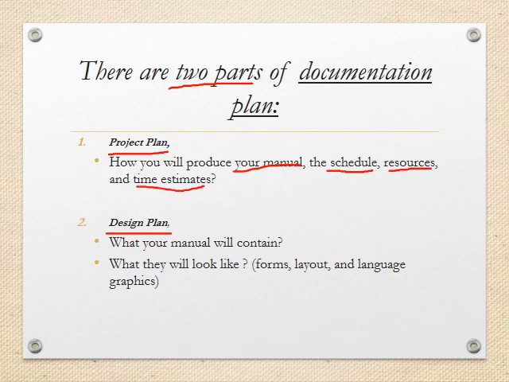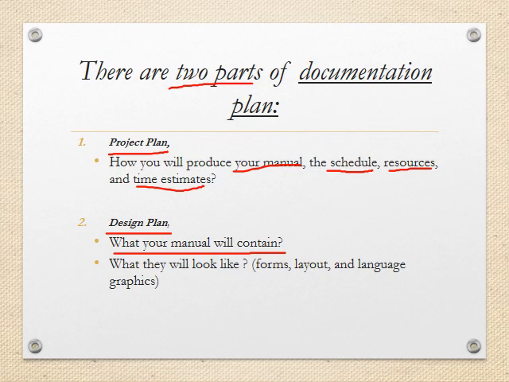Basically هون بالproject plan we focus on the managerial issues or management issues. ايش schedules, the times needed, the time estimation to finish each task, who are responsible in each task, ايش resources needed, and so on. The second thing اللي هي as we said the design plan, and with the design plan, what your manual will contain. ايش التوبكس اللي رايح يحتوي عليهم الدوكيمنت.